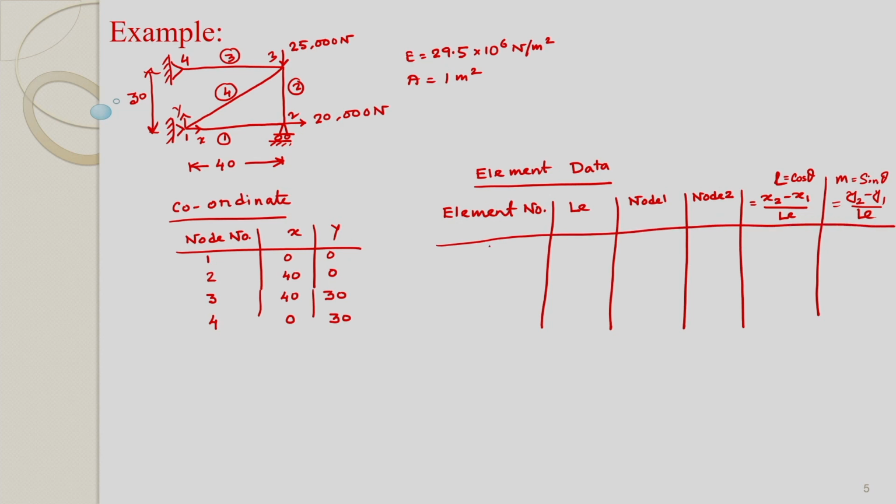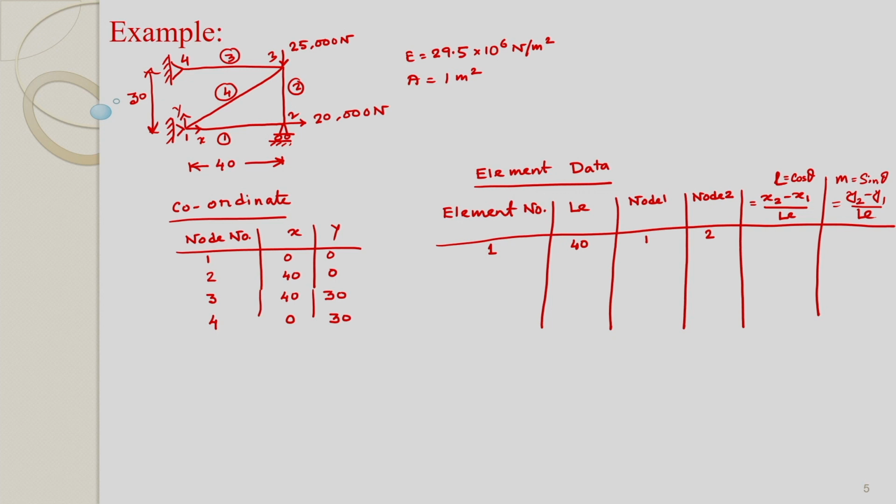Now, for first element length is 40, we can select any of these two nodes as node 1 and node 2. The final result will remain same.